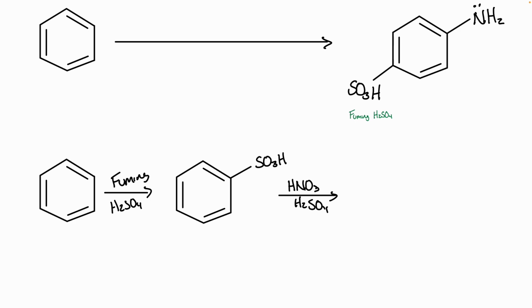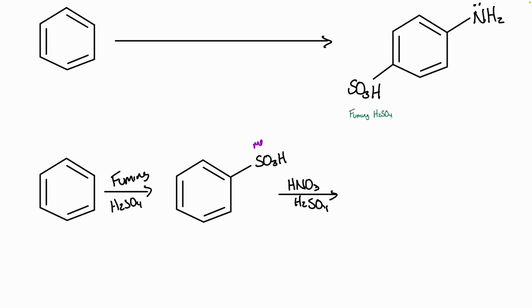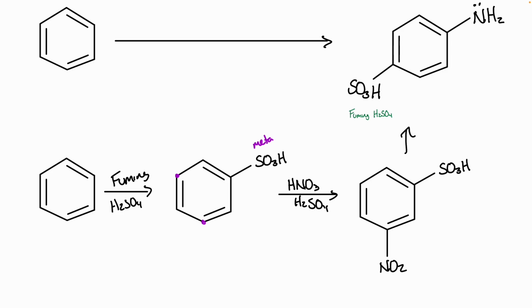To the meta position, because that sulfonic acid group is a meta director. All right, cool. Is that going to help me get to my product? No. These are spaced out incorrectly, right? So there's no way to then make that jump over here. So this route isn't going to work.